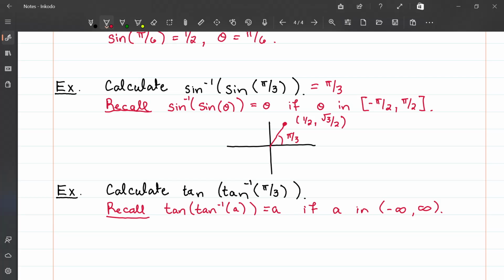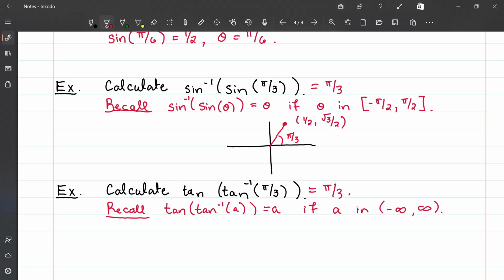It's between negative infinity and infinity. In this particular case, that makes things really easy. This just says A has to be a real number. Well, is pi over 3 a real number? You bet. So the answer is pi over 3. The tangent and the arctangent undo each other, and I'm simply left with whatever A was. That's all there is to it.